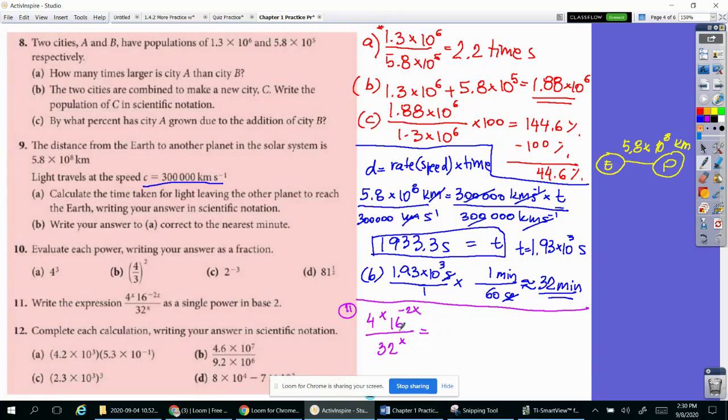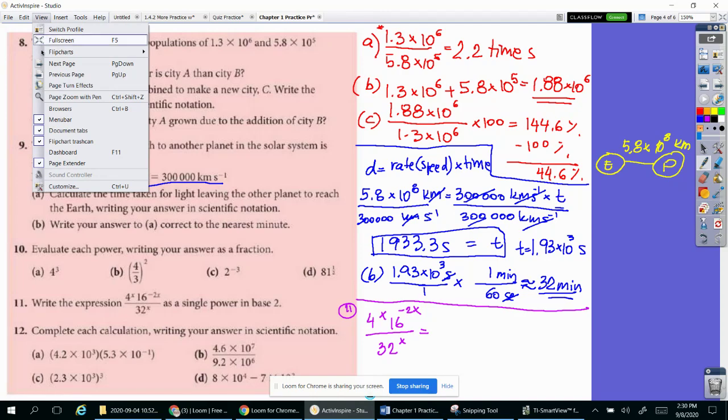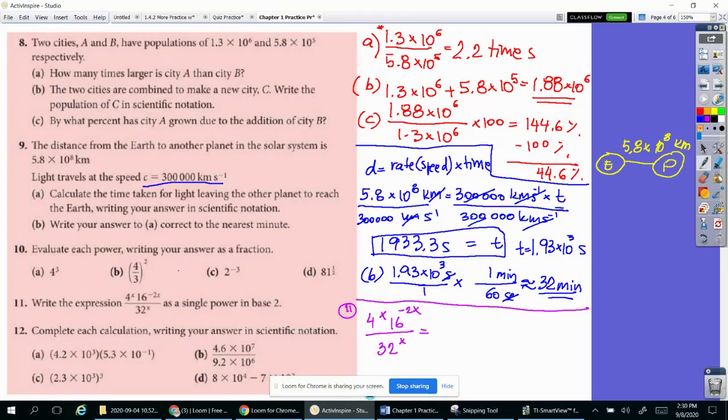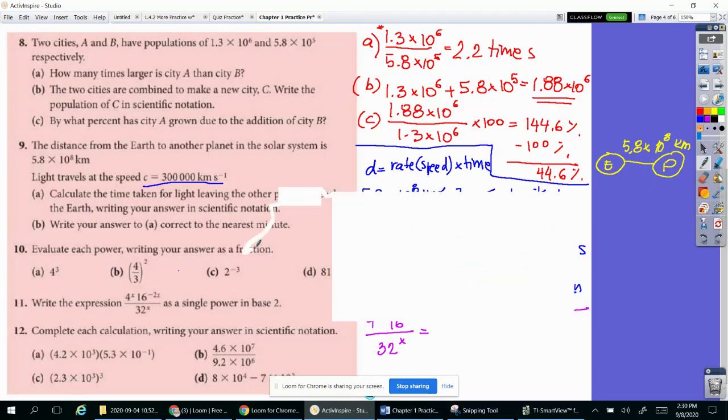So first of all, I'm going to see if I can extend this page. Okay, I got the page extended, just a little bit lower. Okay, so let's rewrite.